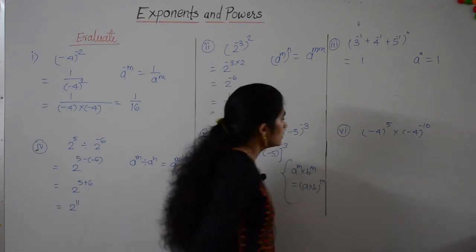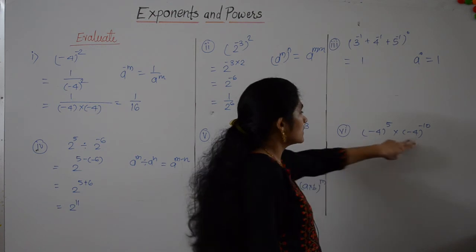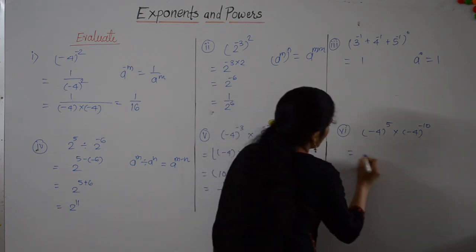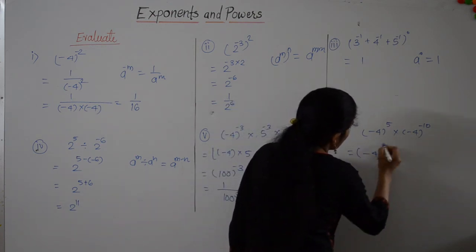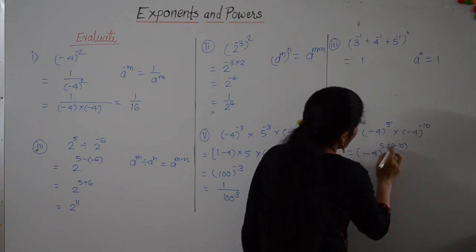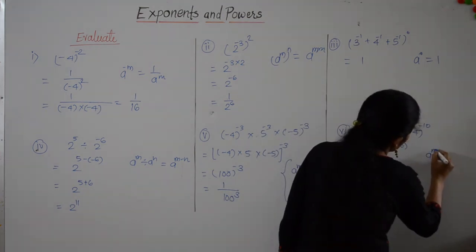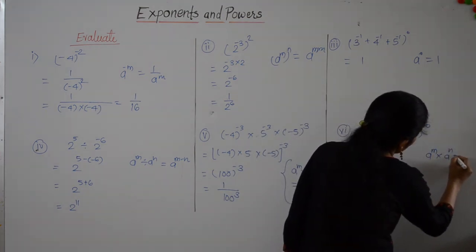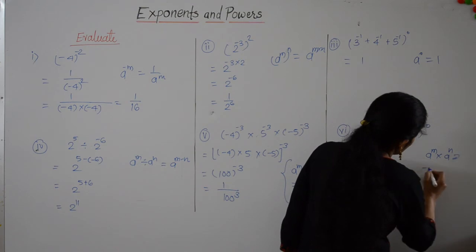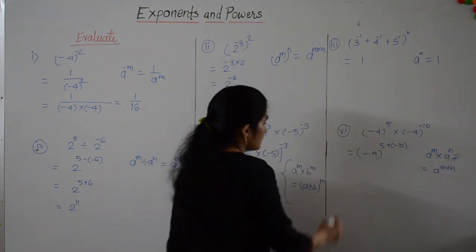Come to next example. Minus 4 raised to 5 into minus 4 raised to minus 10. Now here bases are same. So write base as it is and powers will be added, 5 plus minus 10. According to which law? Product law. That is a raised to power m into a raised to power n is equals to a raised to power m plus n.